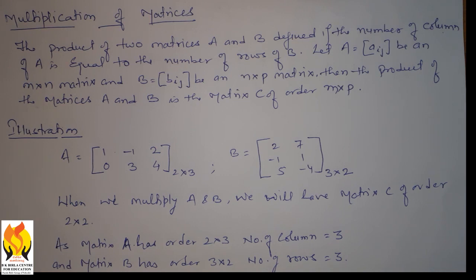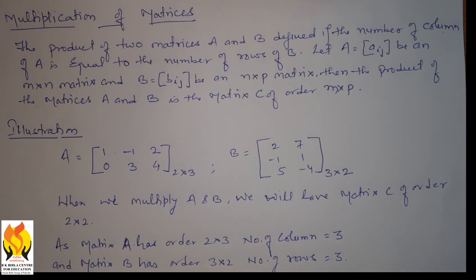You can see easily that matrix A has order m cross n and matrix B has order n cross p. The number of columns of matrix A is equal to the number of rows in matrix B. Only then is the product or multiplication defined, and we have the resultant matrix C with order m cross p.